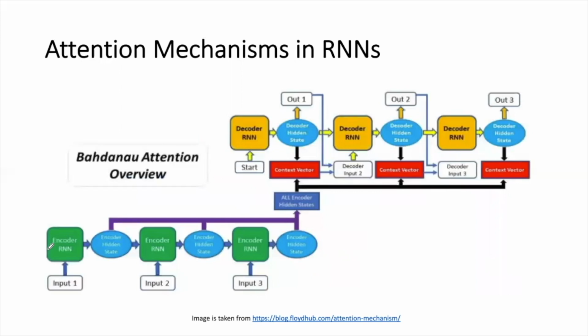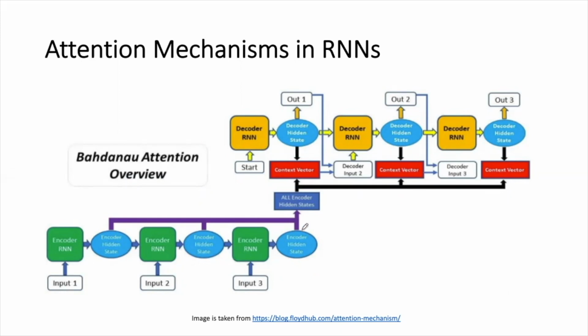So coming to the attention mechanisms in RNNs, this is one attention mechanism. This is Bahdanau or additive attention mechanism. Typically, we have the encoder portion where the input is passed to the encoder, and we have encoder hidden states.